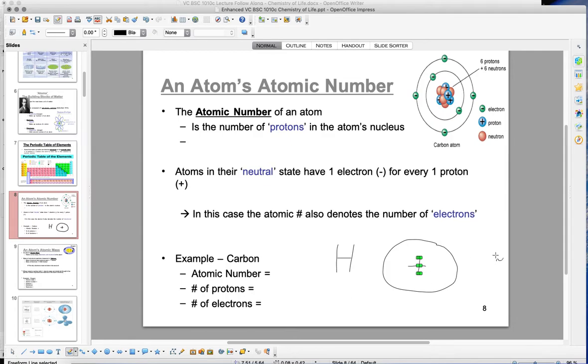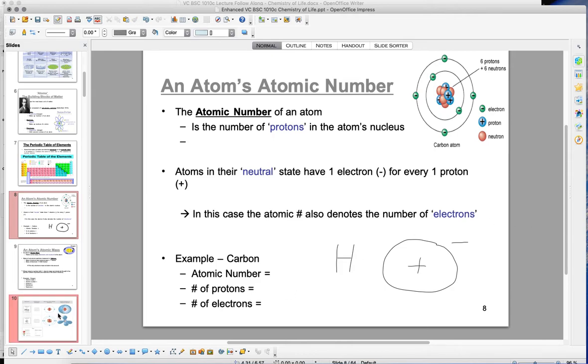Hydrogen actually does not have any neutrons because its atomic number is only 1, right? It would have to have at least an atomic mass of 2 if it had a neutron, because we're going to talk about what atomic mass is in a second. So the atomic number is just 1, which means if you're just looking at H, it doesn't have any plus or minus, that would also mean it has 1 electron. Okay, so that's what we're saying. In a neutral state, hydrogen, for example, has 1 proton, has 1 electron.